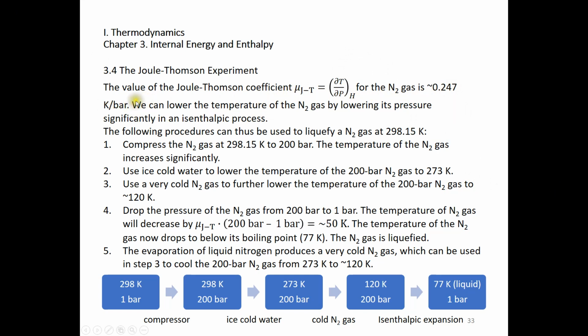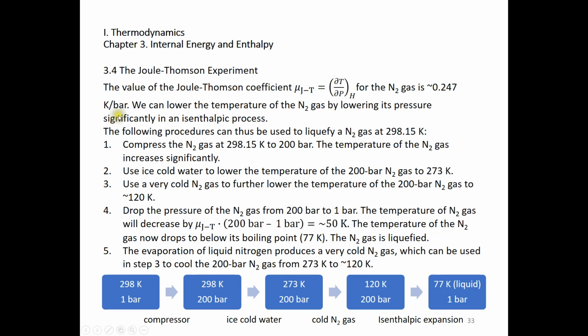Then it gives us an idea. What if we have nitrogen gas at a huge pressure at room temperature, and then we drop its pressure to only 1 bar? That way we can significantly drop its temperature to below the boiling point, and then we have liquid nitrogen. But it can be a little bit more complicated than that in the industry.